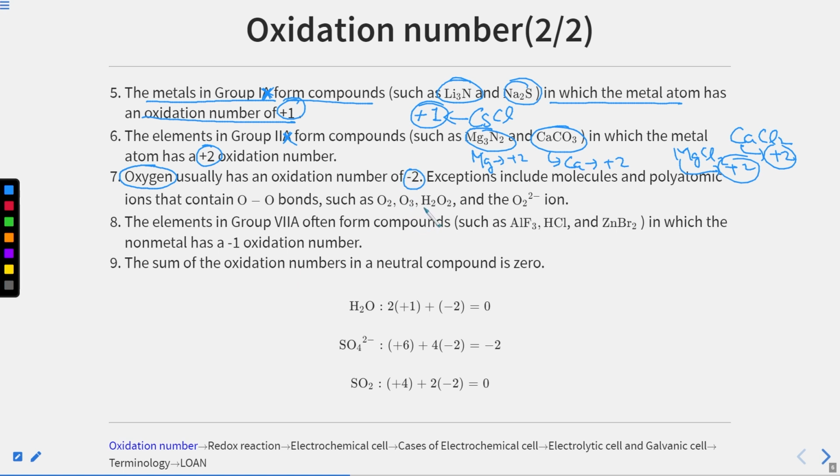There are only 3 to 4 exceptions to it, out of which 2 I have already discussed. So if I have O2 or O3, then it will have an oxidation number of 0. You know it well. It is a homoatomic neutral molecule, so it will have a charge of 0 or oxidation number 0. See this example.